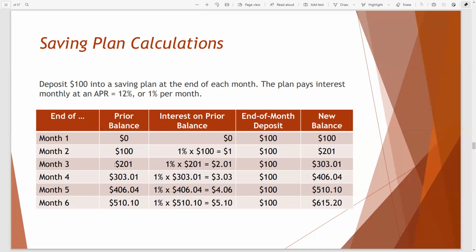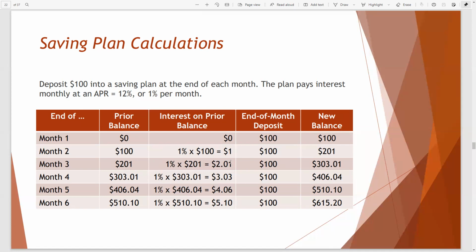So the prior balance of month three, at the beginning of the third month, is $201. During that month you're still paying 1% interest on your $201 to get $2.01.